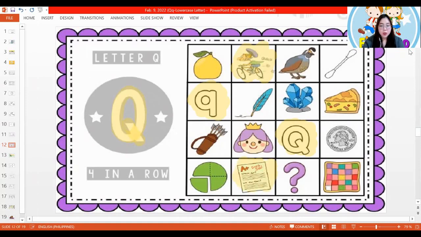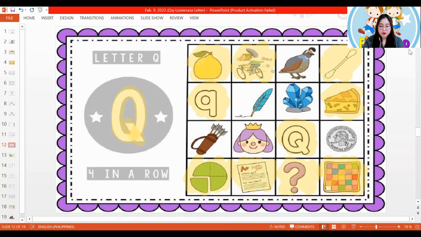Then let's cover quarter. Then let's cover the quiche. Then let's cover the quince. Then let's cover the Q-tip. Then let's cover the quilt. Then let's cover the question mark.